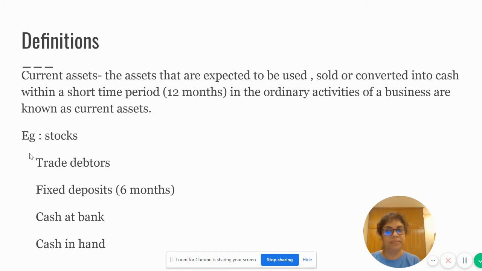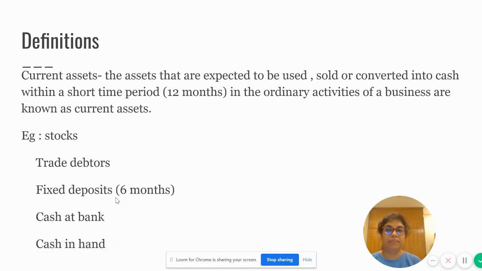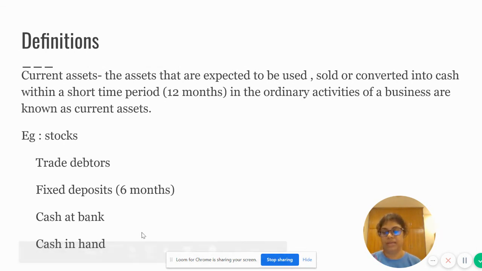The examples for current assets will be stocks, trade debtors, fixed deposits which are less than one accounting period, I mean within a short time period, cash at bank, and cash in hand.